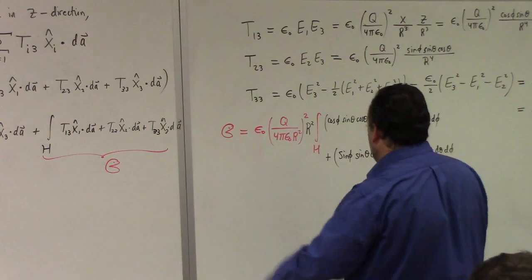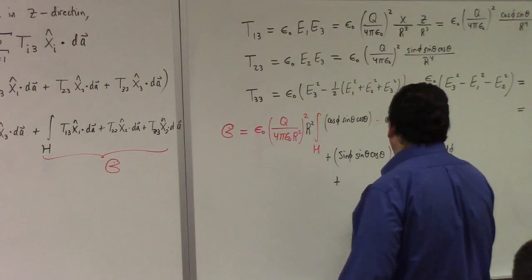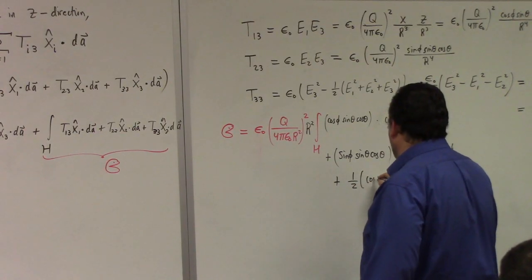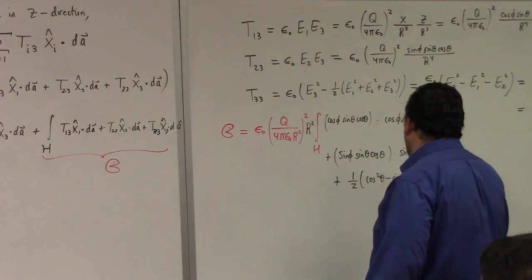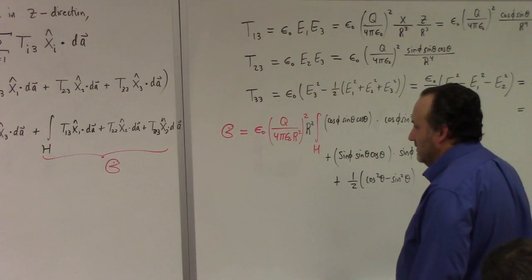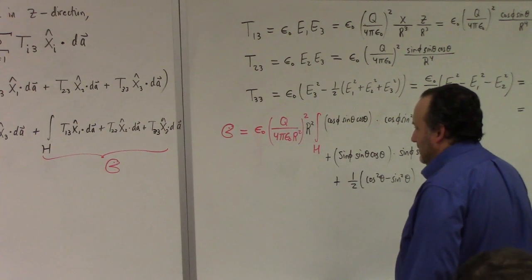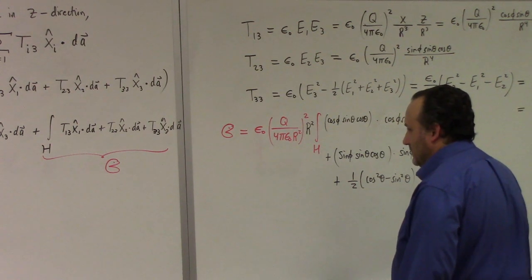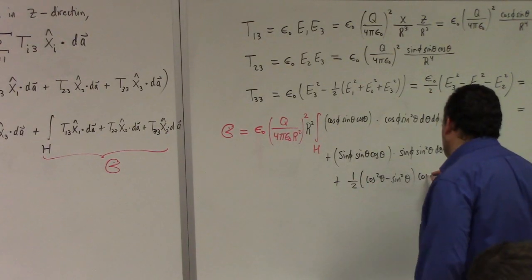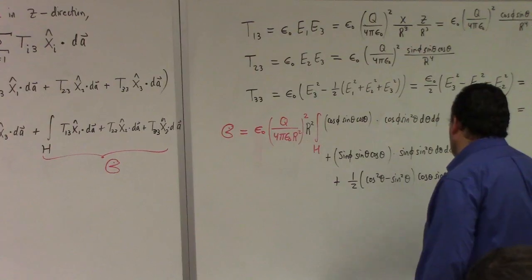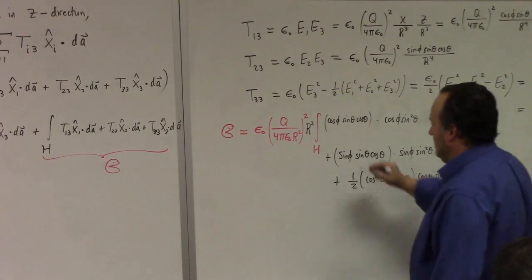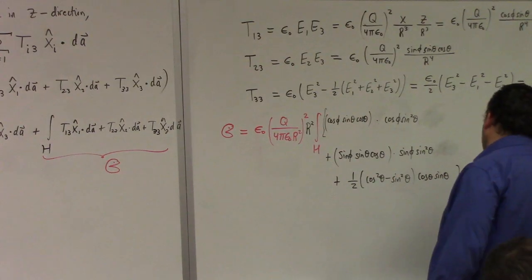And then the z component, which is 1/2, don't forget the half, cosine squared theta minus sine squared theta. Sorry. Cosine theta, sine theta. Let me erase the d theta, d phi everywhere and just put it once out here.